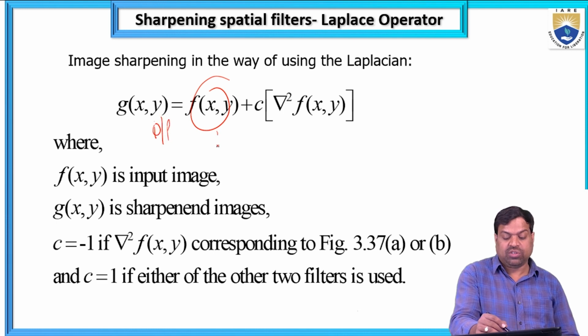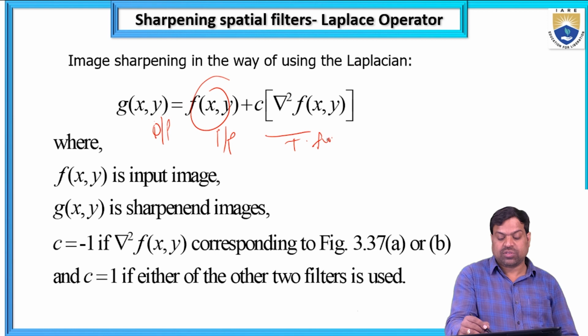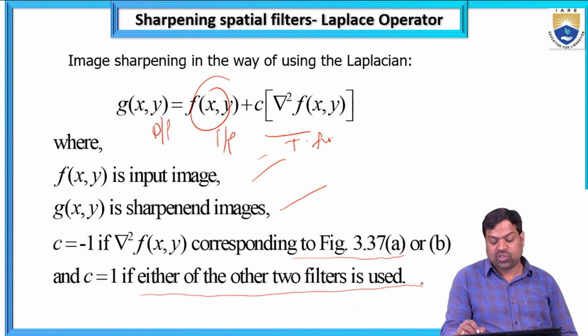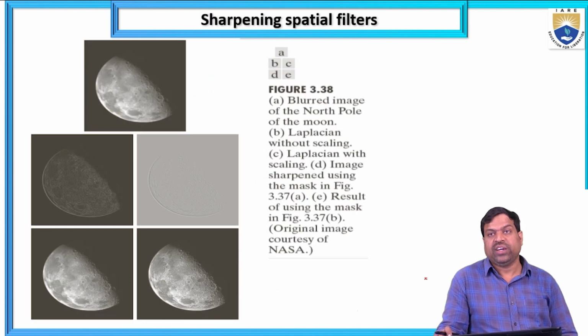Output is equal to input plus transformation. Here f(x,y) is the input, g(x,y) is the sharpened output, and c corresponds to ∇²f(x,y). For this mask c = 1, otherwise the other two filters are used.